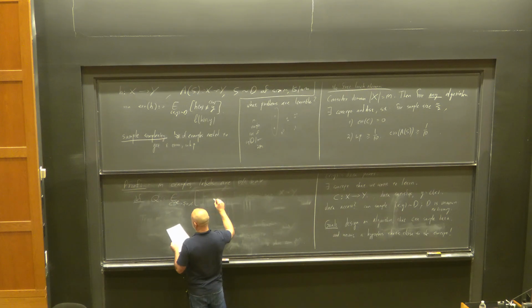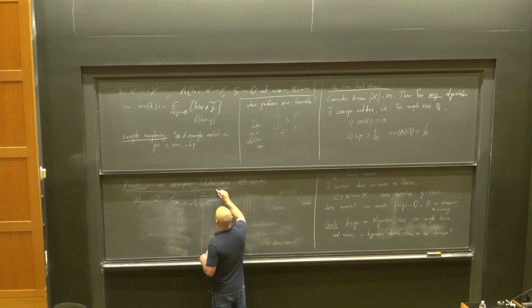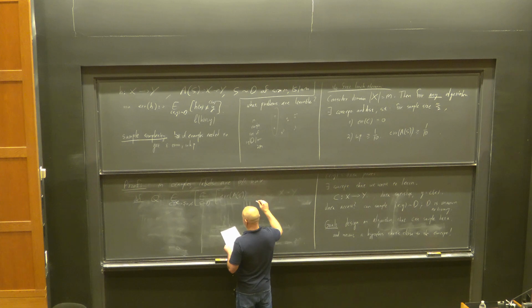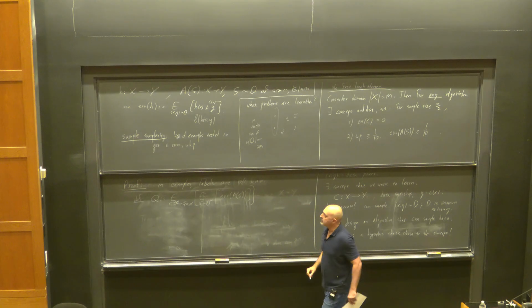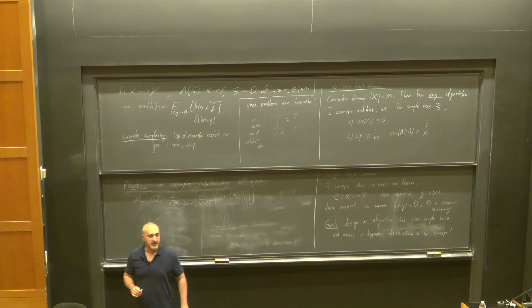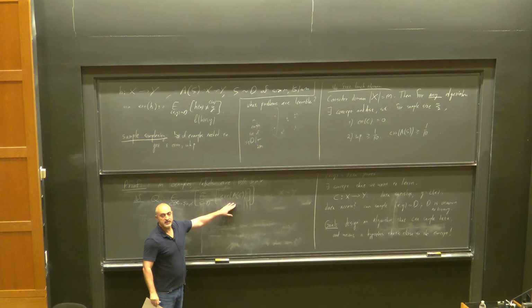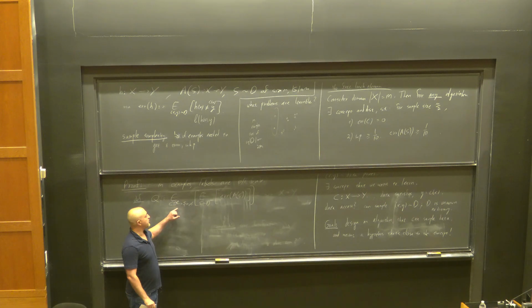Then I have expectation over my sample from D to the m, error of the algorithm applied to the sample. So this is somehow my expected error of my algorithm applied to the sample that I picked, when I pick a sample uniformly at random from the distribution, and I consider all possible concepts that can happen.